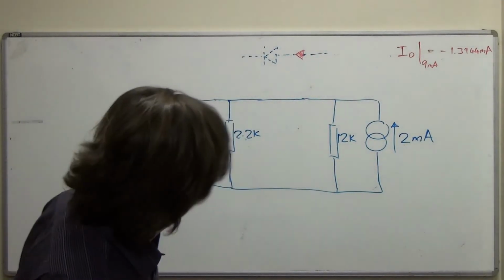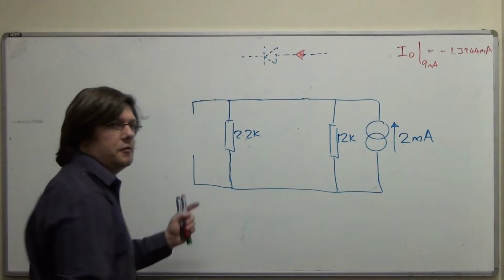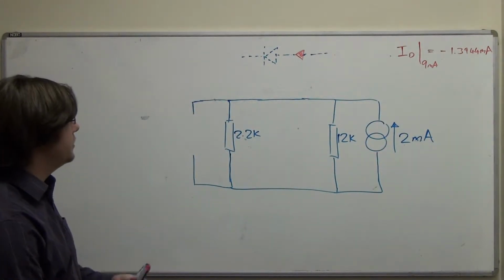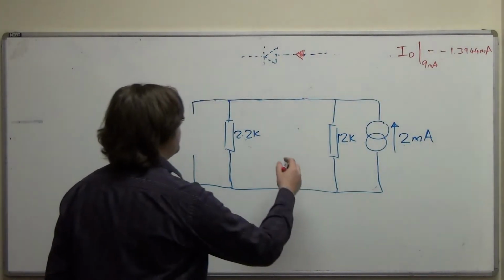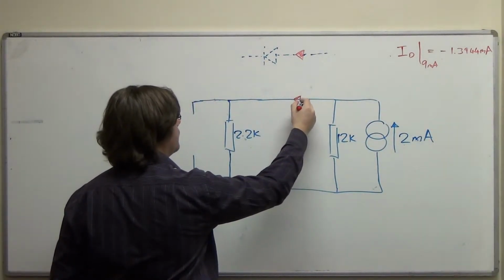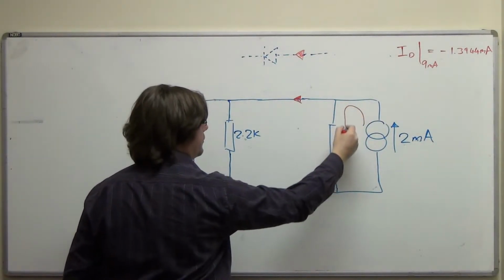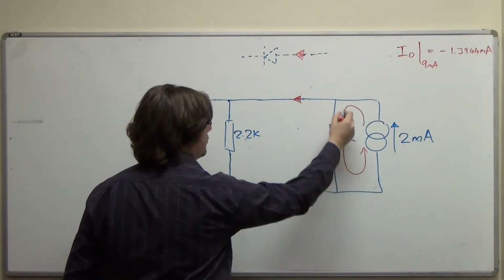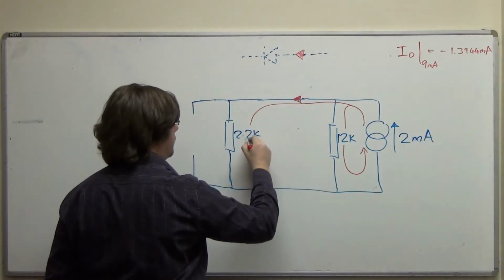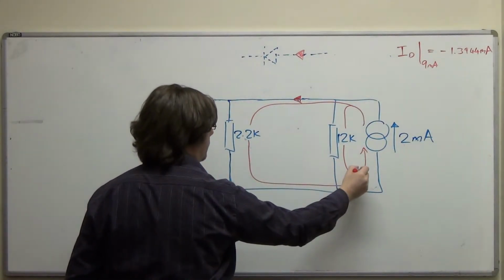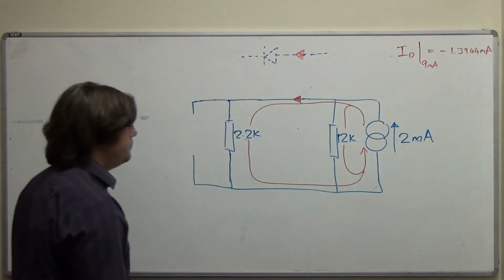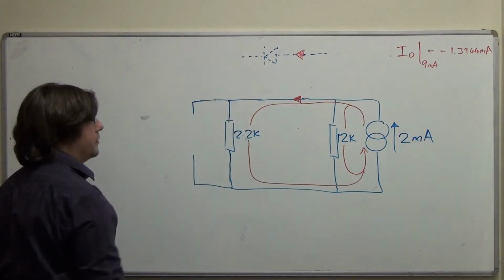So this is the same problem, but the other way round. We're now looking for a current that's going that way, because some current will leave here and do that, and some other current will leave there and do that. And we're looking for a current going that way.